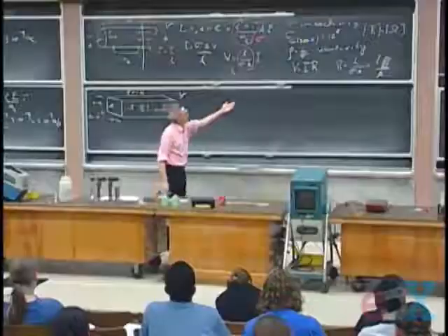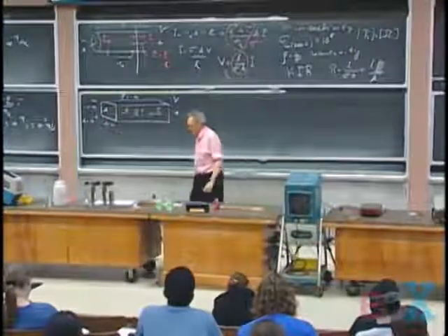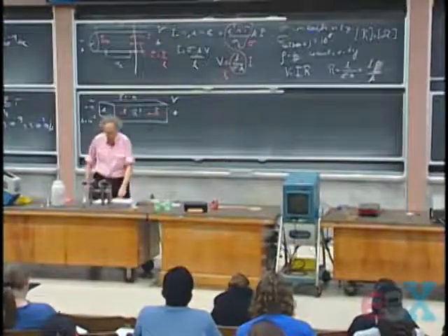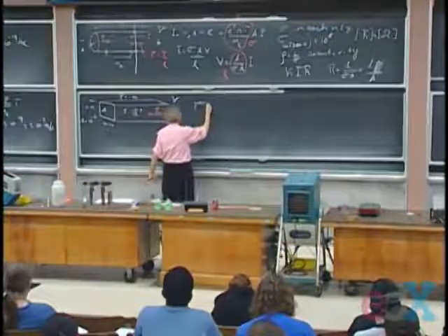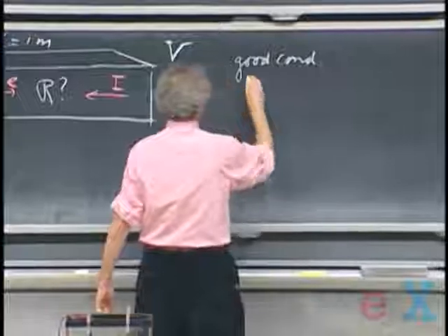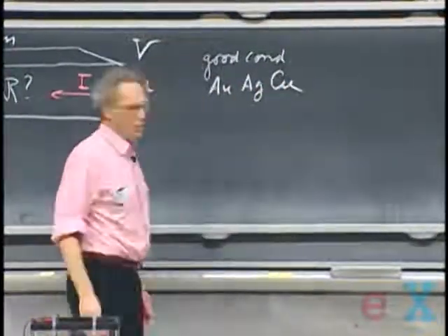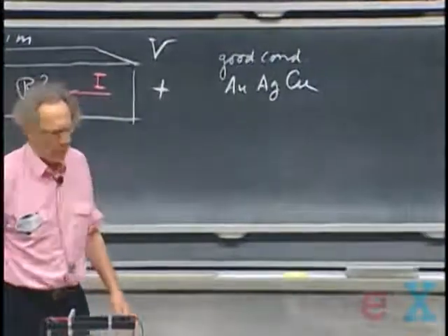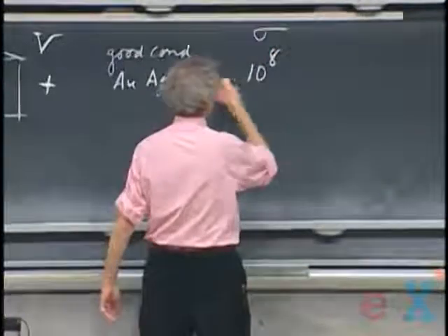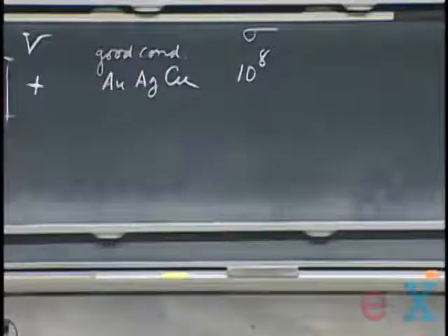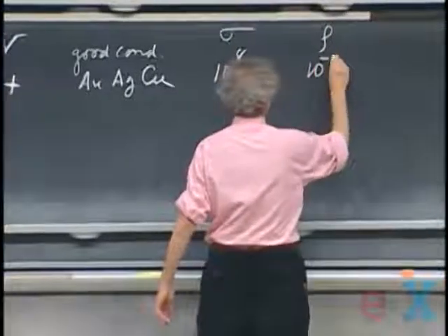Well, very easy. You take these equations, you know L and A, so if I tell you what sigma is, then you can immediately calculate what the resistance is. So let's take first a good conductor. Silver and gold and copper are very good conductors. They would have values for sigma 10 to the 8, we just calculated for copper. You've seen it in front of your own eyes. So that means rho would be 10 to the minus 8.